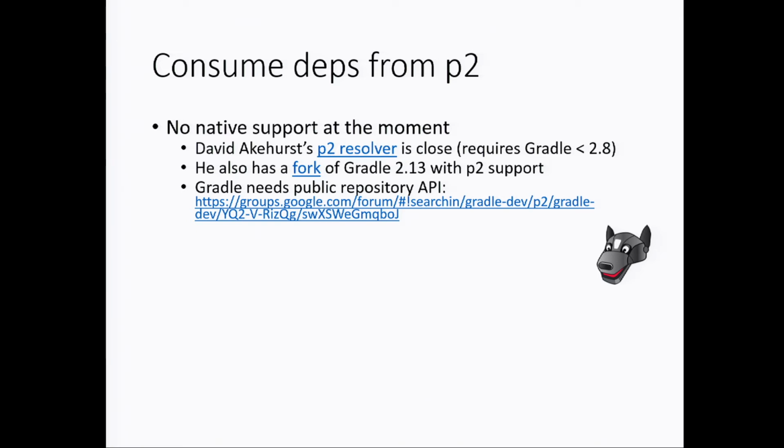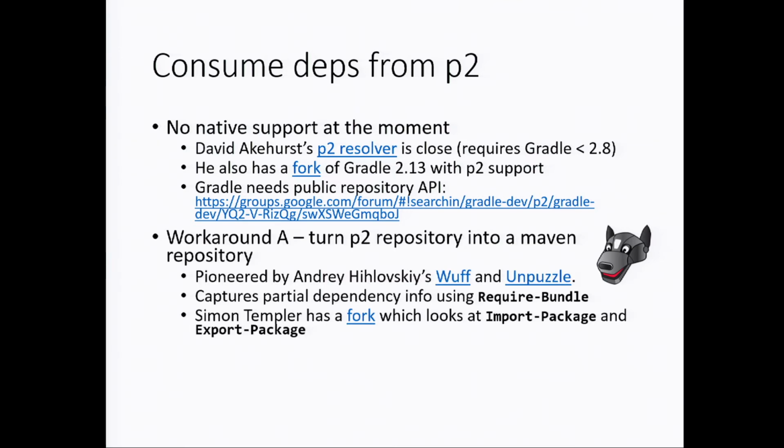Gradle's gotten a lot better since 2.8. He also has a fork of Gradle 2.13, which has P2 support embedded right inside it. I don't think Gradle is going to merge that, probably. So until Gradle has a public repository API, there's no clean way to consume P2 artifacts inside of Gradle. And if you want, there's a thread where they're discussing it.